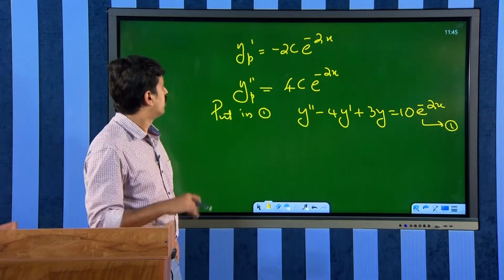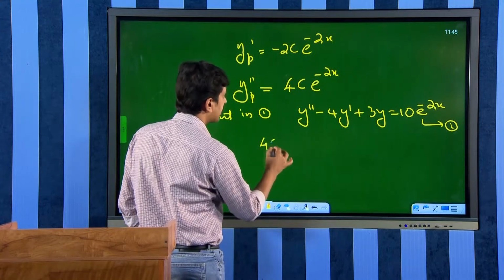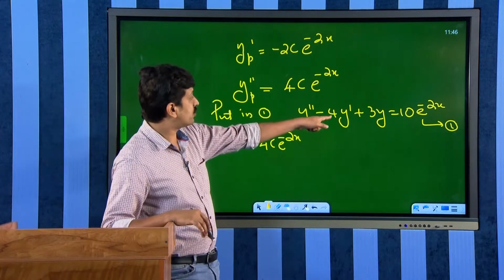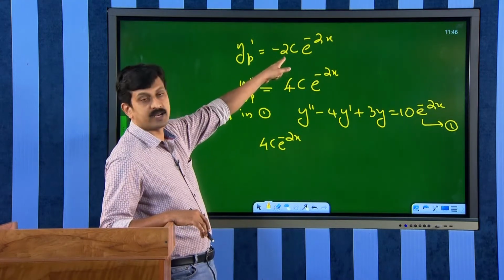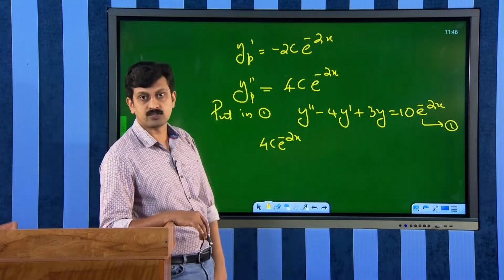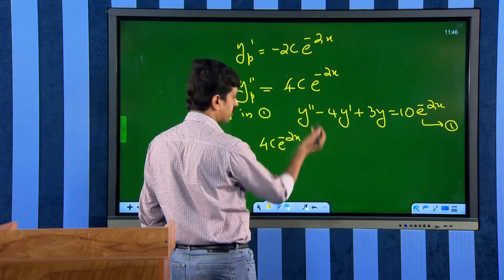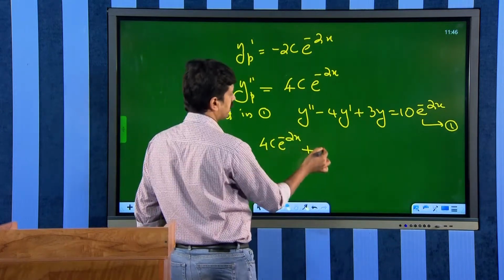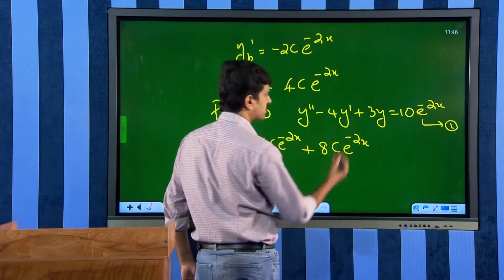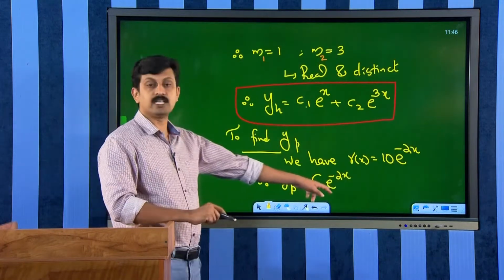Also, we will have yp double dash is equal to 4c e raised to minus 2x, and then minus 4 into yp dash, which is minus 2c e raised to minus 2x. So this is minus 4 into minus 2, equal to plus 8c e raised to minus 2x, and finally we will have 3y, yp is c e raised to minus 2x.